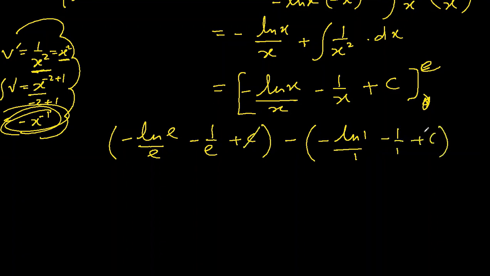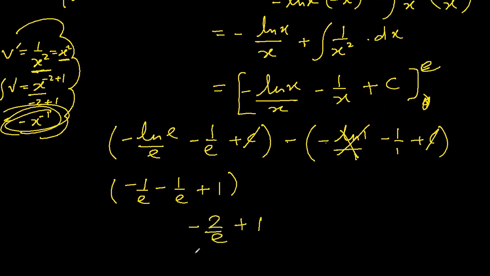First thing we should do, cancel c. Minus ln e: ln e is 1, yeah, ln and e are inverse. So minus 1 over e minus 1 over e, minus and minus. ln 1 is 0, this is gone. So this will be plus 1. That's it. So minus 2 over e plus 1.